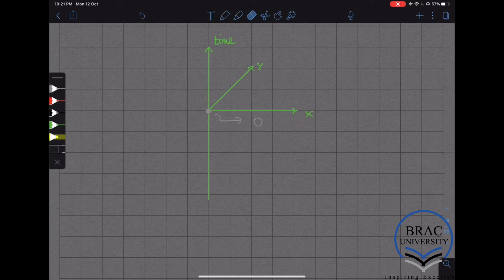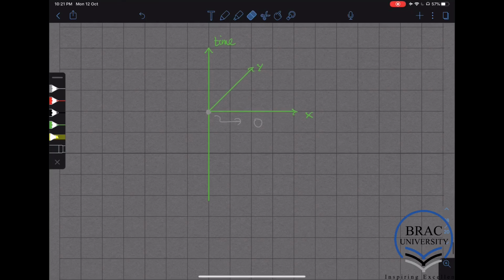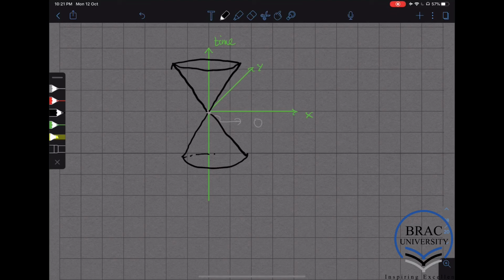And then what we want is that all the points, so if I now draw a cone, which makes an angle 45 degrees with the time axis and 45 with the time axis in the negative t direction, then all points inside the cone will have time-like separation from O.